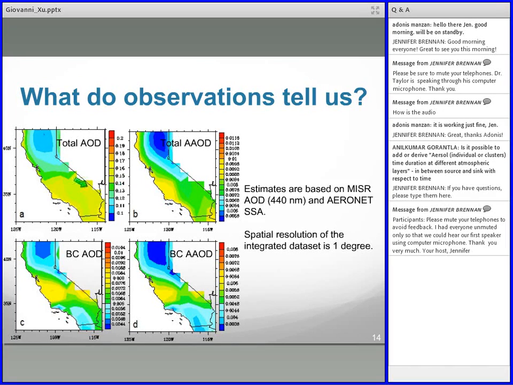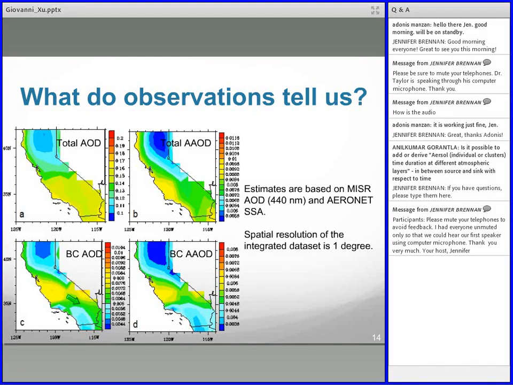Then using our partitioning method, we can find out the contribution of black carbon to the total AOD. You can see the spatial distribution is not entirely the same. The black carbon has maximum values in the Central Coast and the Central Valley agriculture zone region.